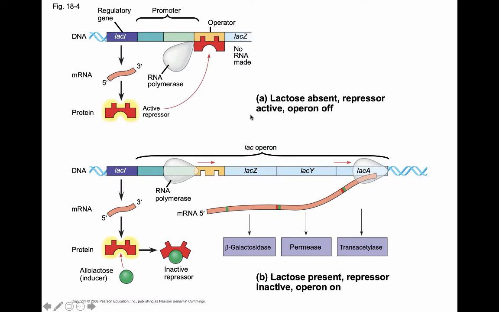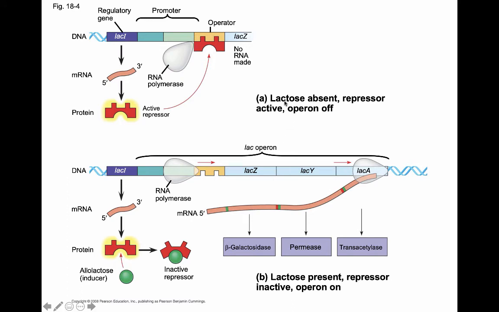So the Lac Operon, you can see fully here on the bottom part of this diagram, is made of 3 separate genes that make 3 different proteins that are responsible for being able to digest and utilize the sugar in milk called lactose. You've probably heard of lactose intolerance. Lactose is a sugar found in mammalian milk, including human milk.